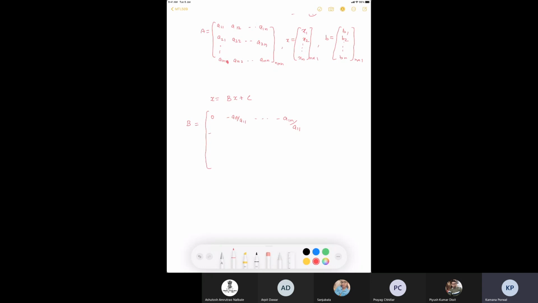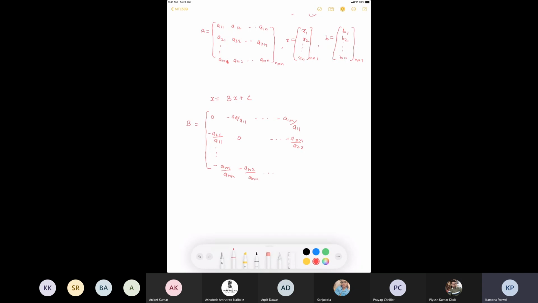In the second row, we have the first entry as this, and the diagonal is basically 0. The last row is going to be minus an1 divided by ann, minus an2 divided by ann, and the last entry is going to be 0. And c is the vector b1 divided by a11, b2 divided by a22, and the last entry is bn divided by ann.